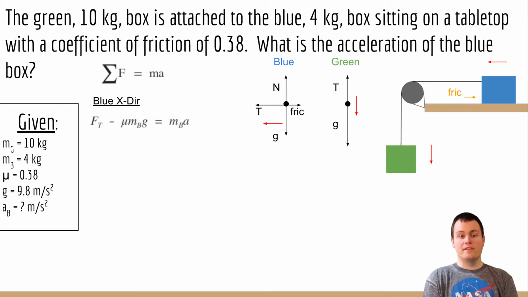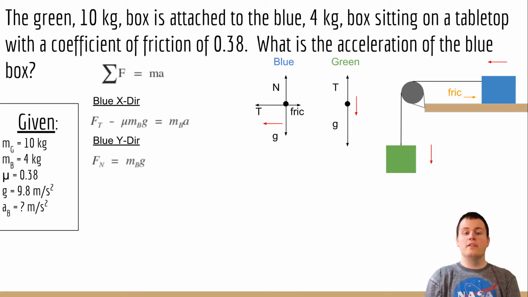The next equation is the blue block in the vertical direction, where the sum of the forces should equal 0, so I set the two forces equal to each other: the normal force going up and the force of gravity pulling down.